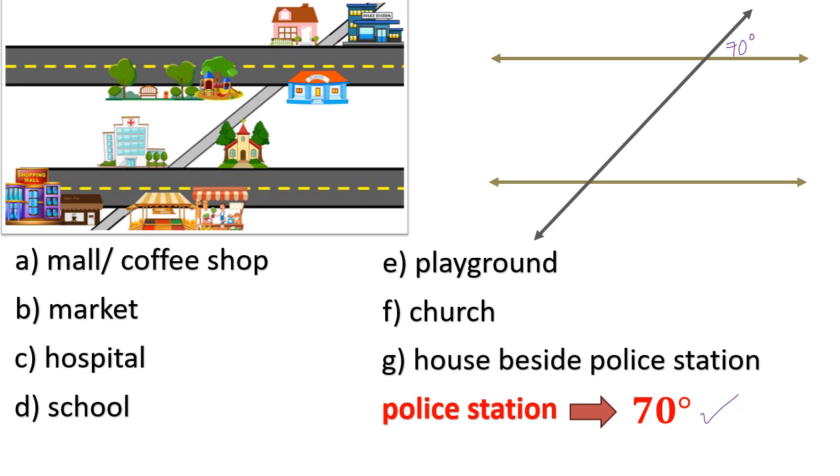Just like what I mentioned a while ago, I'm going to consider first the easiest one, the vertical angle concept. So we have 70 degrees in here since it's vertical to this portion, and we can also say that this 70 degrees is considered supplementary to this angle.